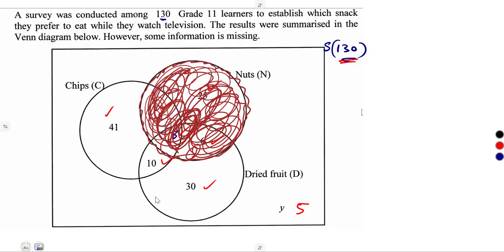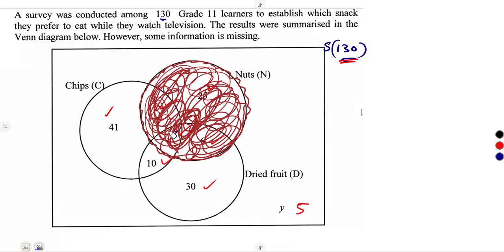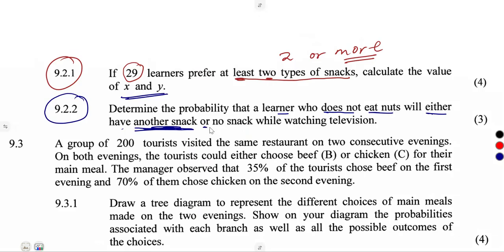But out of those that are remaining, they are saying that the person that does not eat the nut will either have another snack, meaning this person can choose to have chips, dried fruit, or both, any of these. So this section is included, because we can choose another snack, or no snack while watching television.